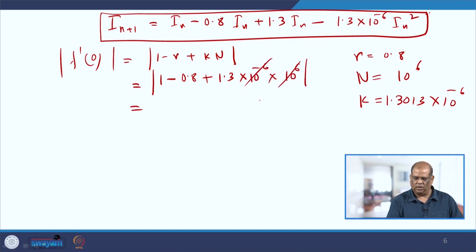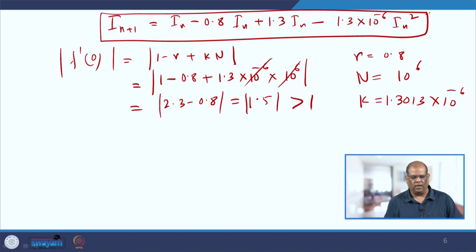So, this and this cancel each other, and you get 2.3 minus 0.8, and this value will be equal to 1.5, and this is greater than 1. So, for this model, it is not stable at the point I star equal to 0.